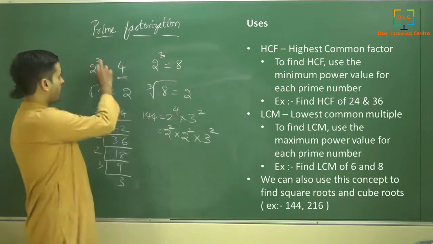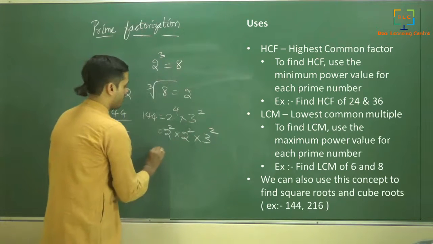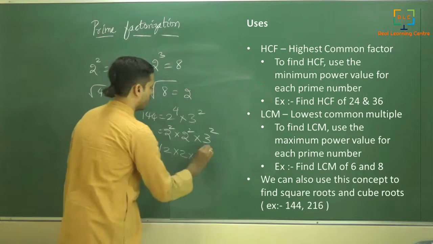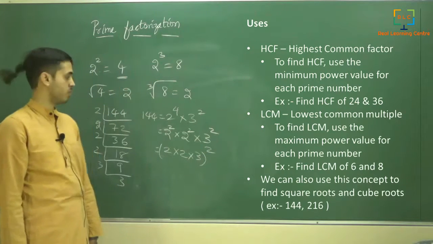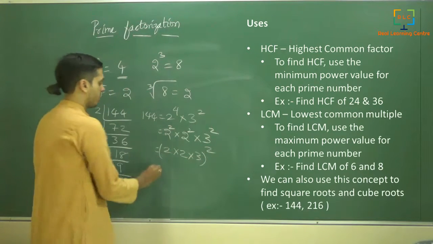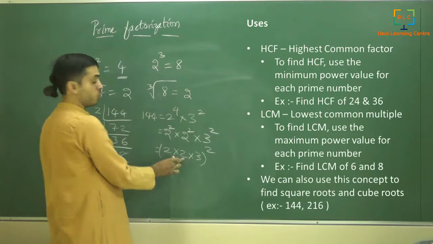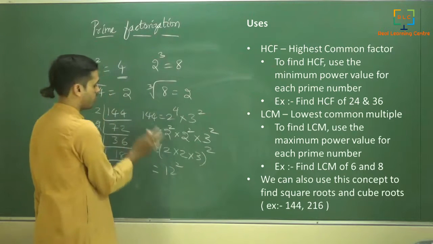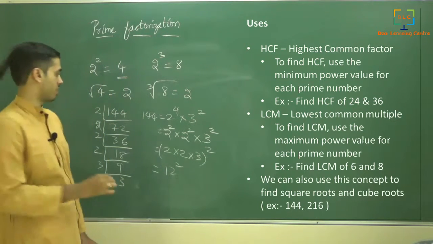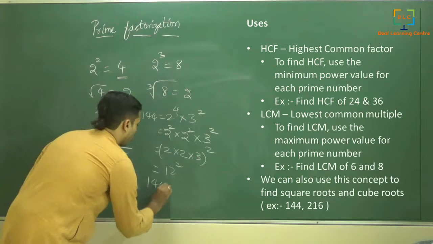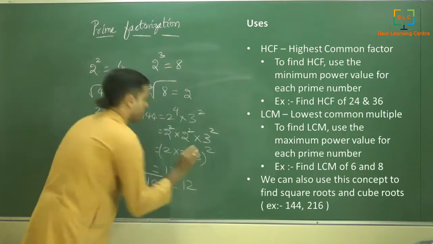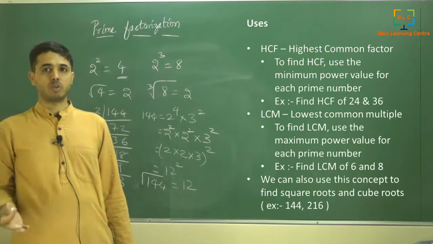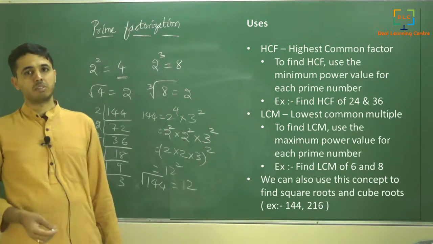Now the square is common, so you can write this as 2 into 2 into 3 whole square. Now 2 into 2 is 4, 4 into 3 is 12, so 12 square. So 144 is 12 square. In other words, the square root of 144 is equal to 12. So this is a very simple way to find square roots of large numbers.